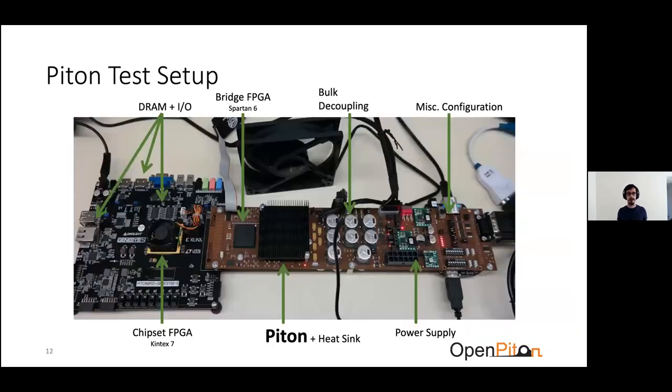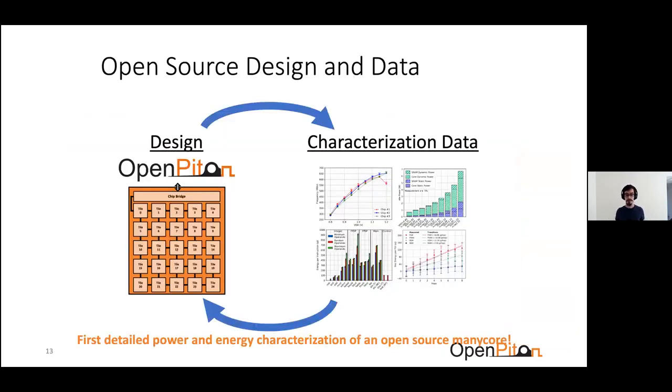In doing so, we have both an open source design and open source data, so you can correlate characterization results back to the original RTL and the design decisions that were made at the time. From that you can build new useful research ideas and figure out, did my thing actually work? We released just about everything we could possibly release online.